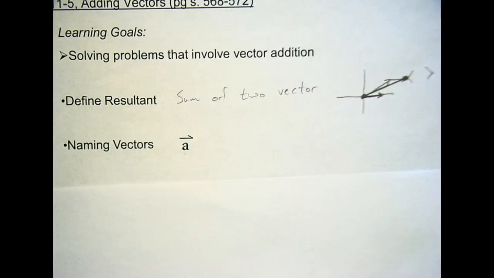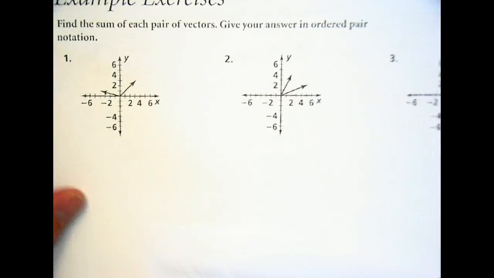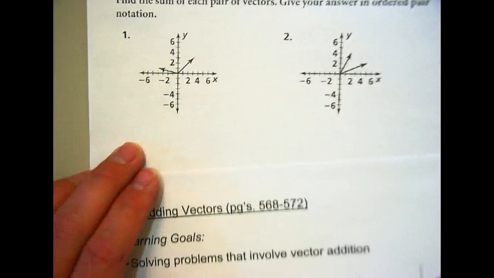Here's what we're going to do. Look at the example side of the assignment that you picked up on the way in, and we're looking at problem number one. Find the sum of each pair of vectors.